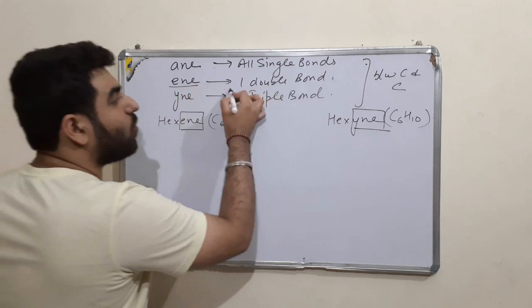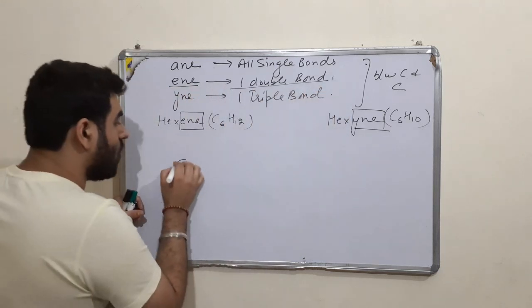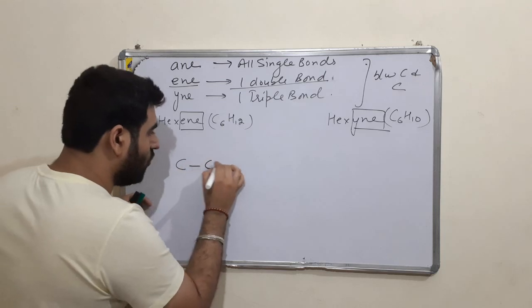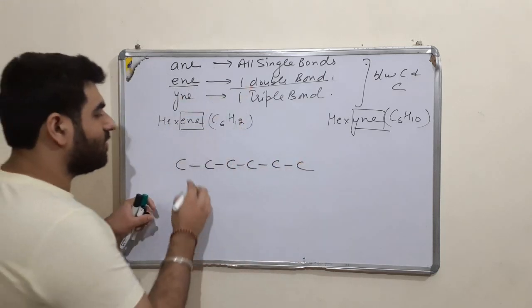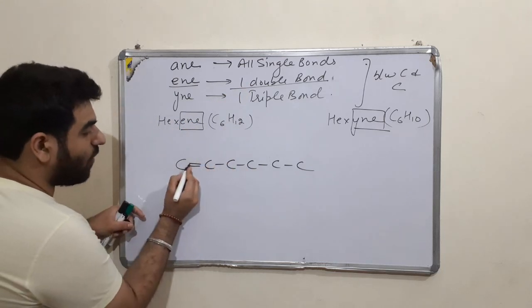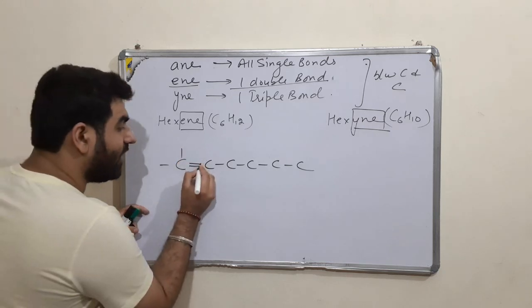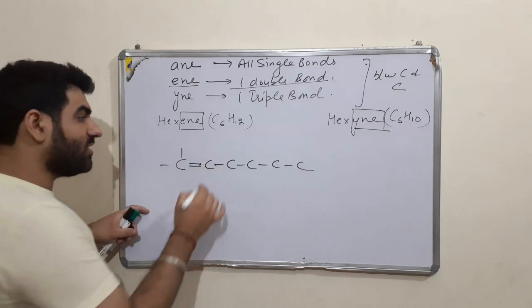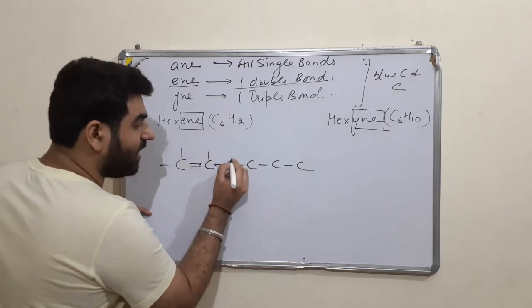So ENE is one double bond, all others are single. How many carbons are there? 6. 1, 2, 3, 4, 5, 6. One double bond. So let me make the double bond here. How many have gone? 1 and 2. So 2 left, 2 hydrogens here. 1, 2, 3, 3 electrons have gone, 1 has left, 1 hydrogen. 1, 2, 3, 4.